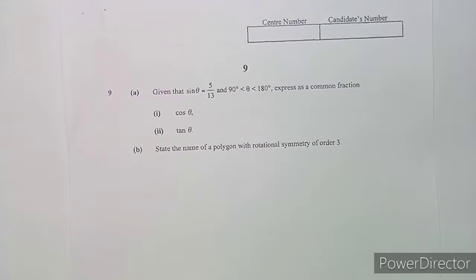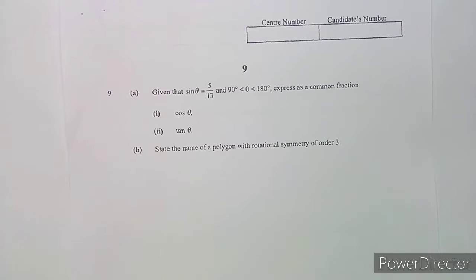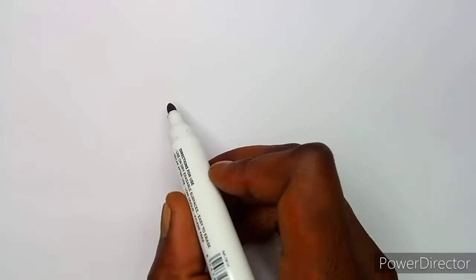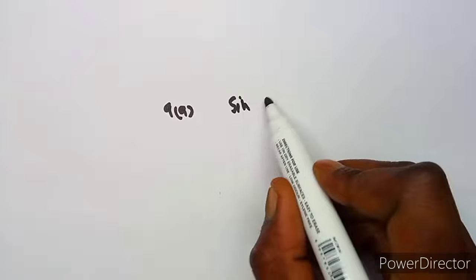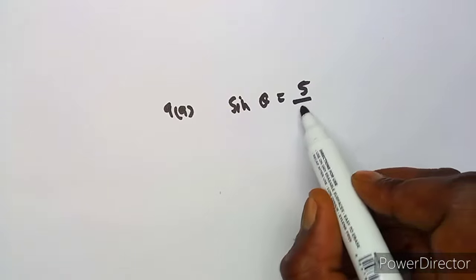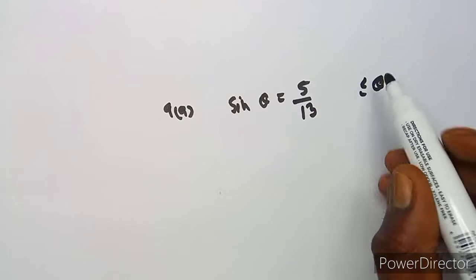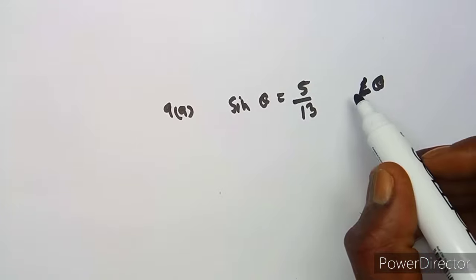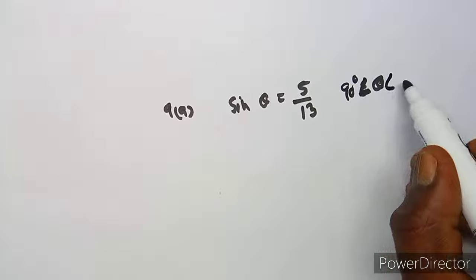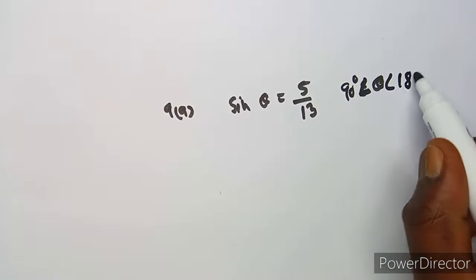Let's see another question, which is number 9. I wanted to explain this one, where we are given sine theta equal to 5/13, and theta is in an interval that is not greater than or equal to, but greater than 90 degrees and less than 180 degrees.